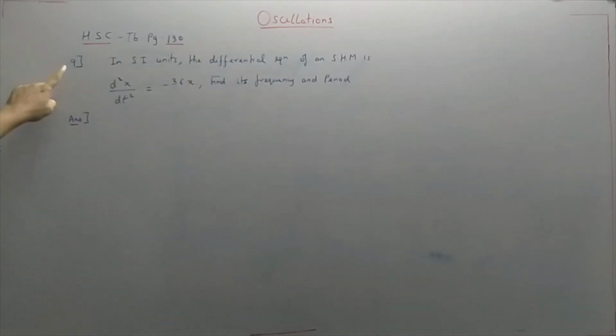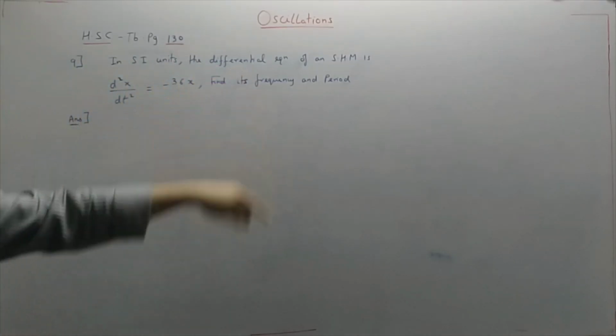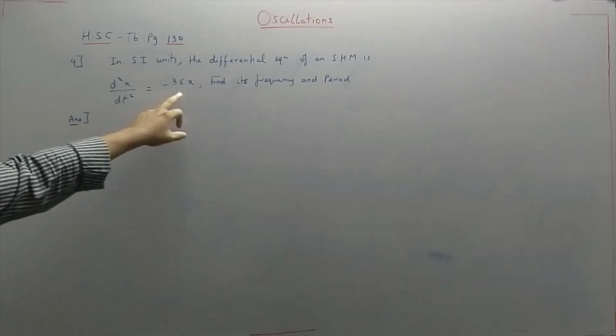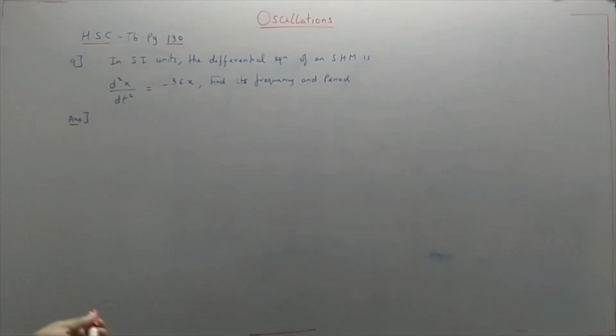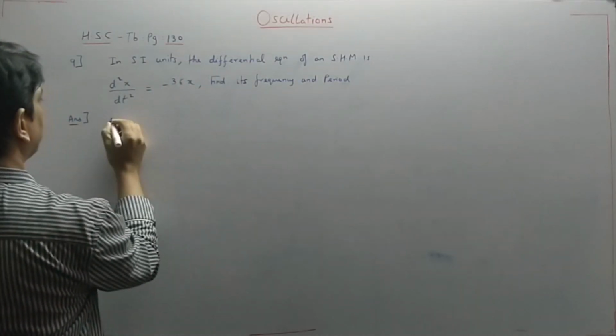Students, we are having sum number 9, page 130. In SI units, the differential equation of an SHM is d square x by dt square is equal to minus 36x. Find its frequency and time period. What is given to you is directly what we have to find.